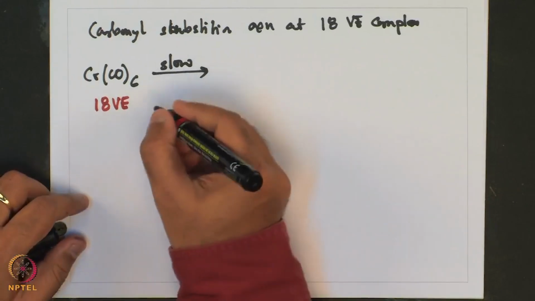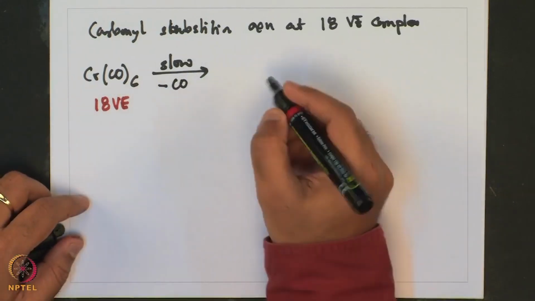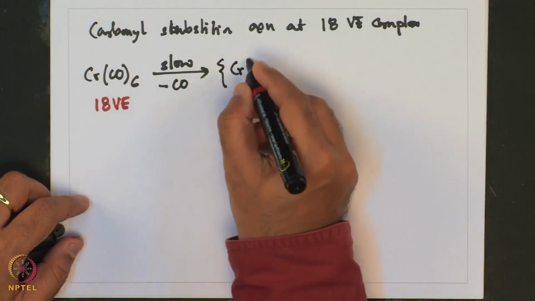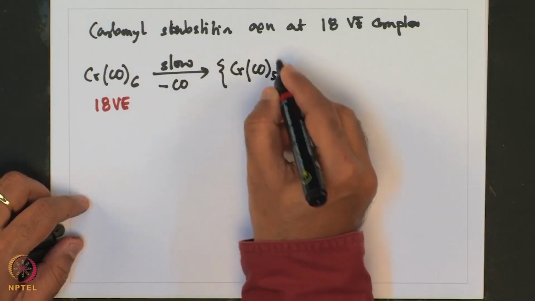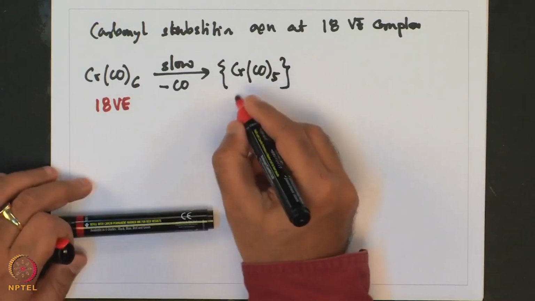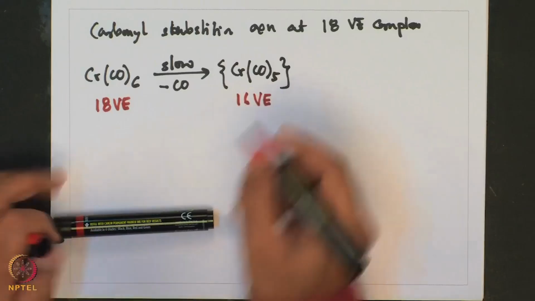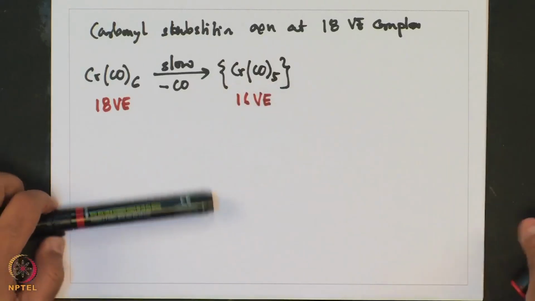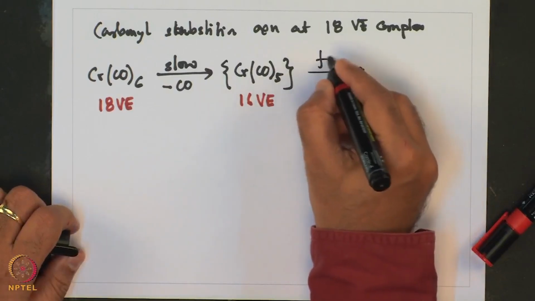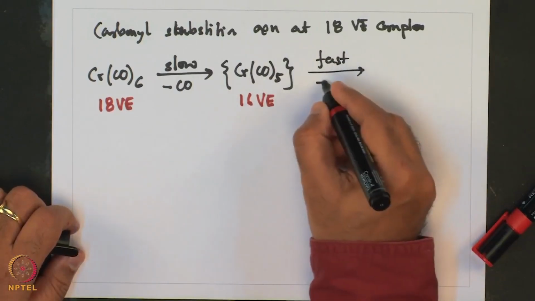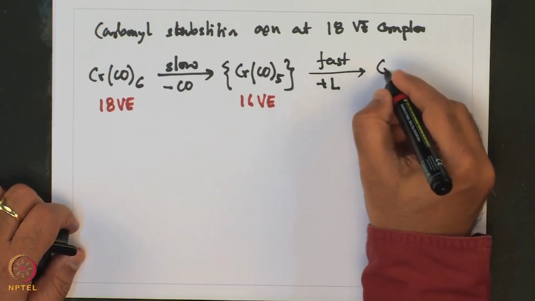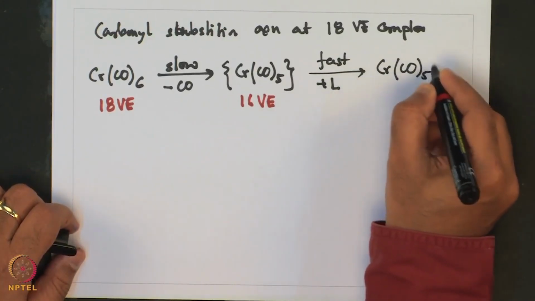So, no wonder it is slow to dissociate a carbon monoxide to give chromium pentacarbonyl, which is a 16 valence electron complex, and this is very fast in reacting with the ligand of choice to give Cr(CO)5L.